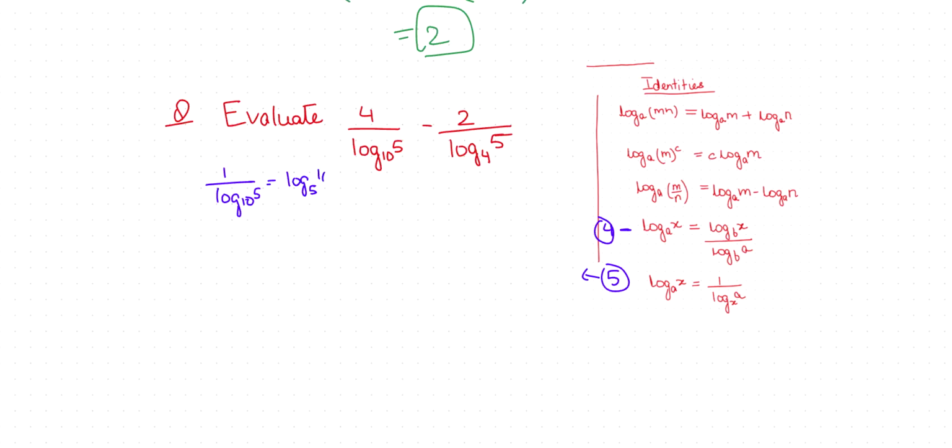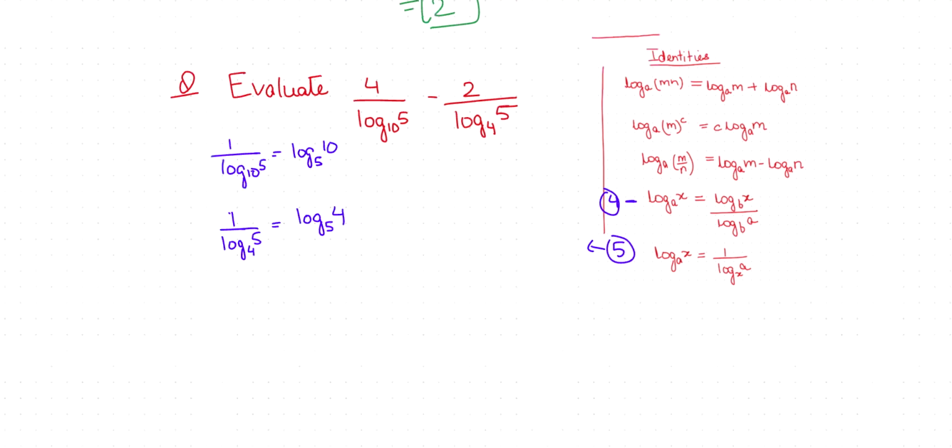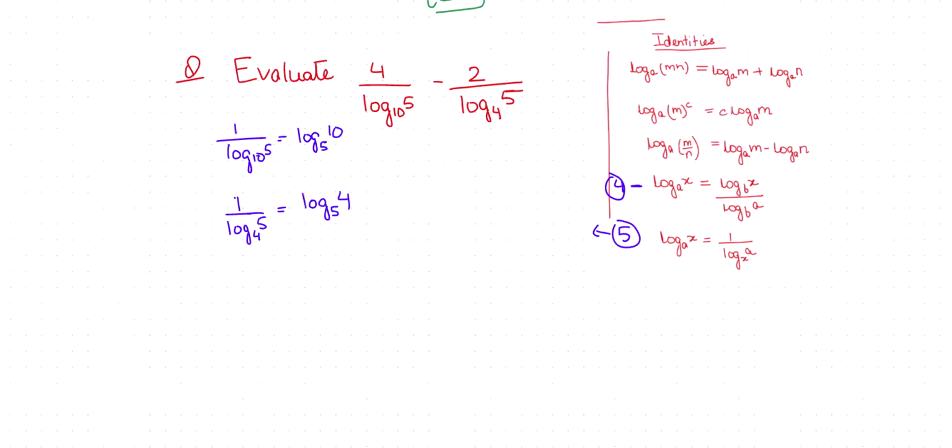And in the same way for 1 over log base 4 of 5, we can write it as log base 5 of 4. Okay. So we can learn how we derived it, but since this property is already given to us, the rule, we can apply this.